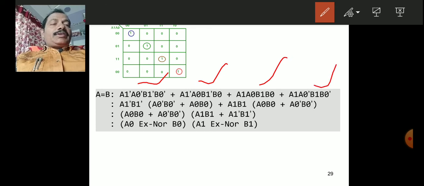You take the common A1 B1, so this is A0 B0 plus A0 bar B0 bar.